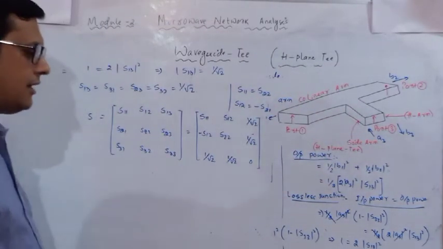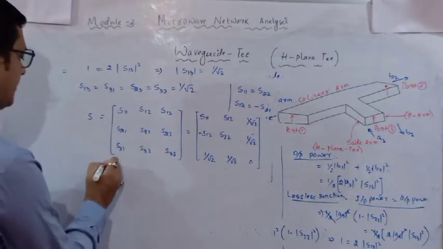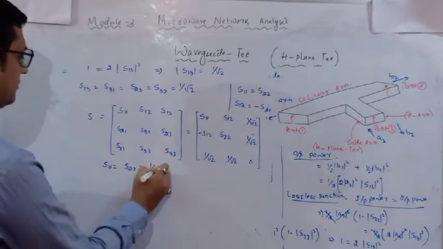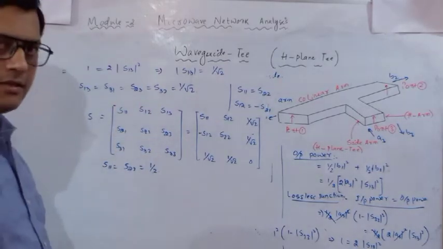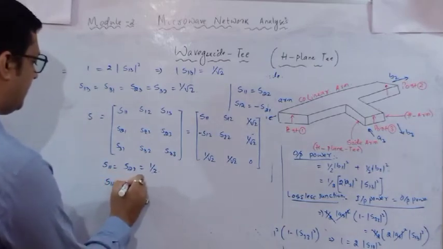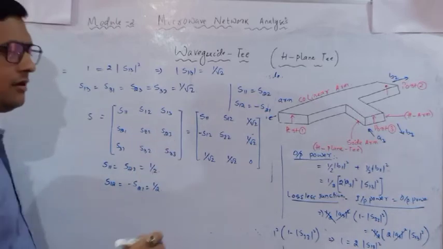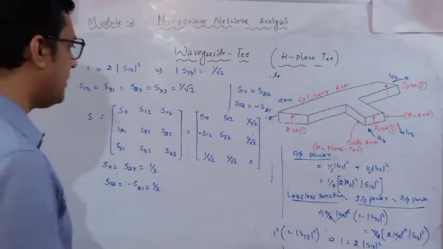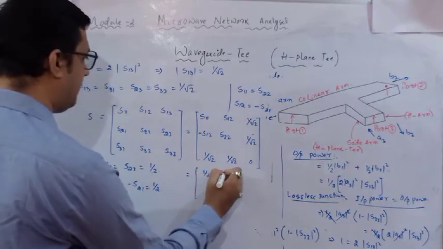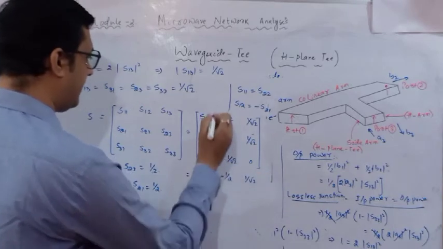So for this, I will write S11 is equal to S22 is equal to half. Half power is distributed, and S12 is equal to minus S21, which is also half. Now if I substitute here, it is half, then 1 by root 2, then minus half.